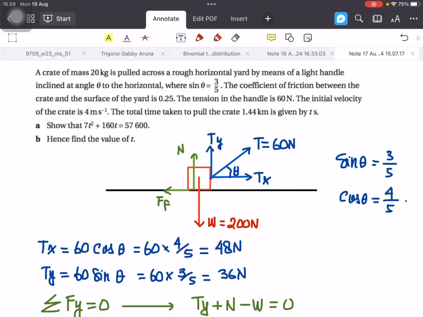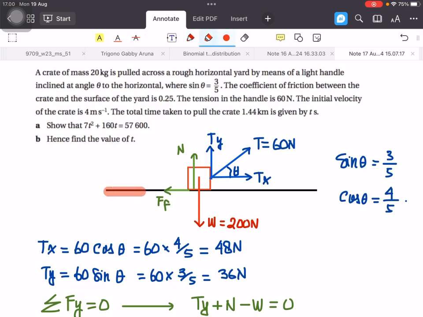The tension in the handle is 60 Newton. The initial velocity of the crate is 4 meter per second. The total time taken to pull the crate 1.44 km is given by t seconds. So for part A, show that 70 squared plus 160t is equal to 57,600.